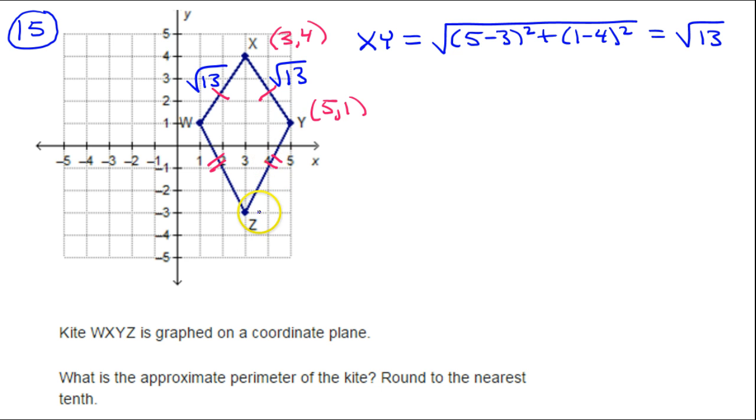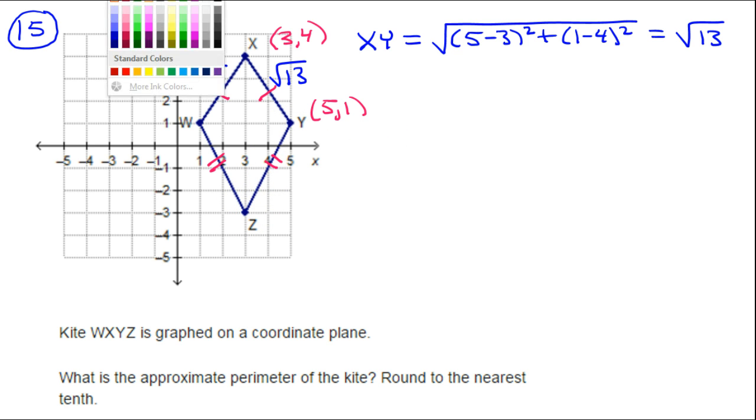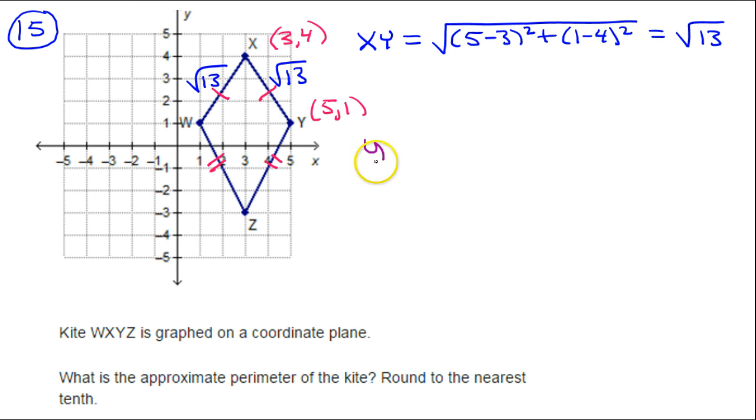Now, let's find the length of YZ down here. Alright, we already have point Y, so point Z is the point 3, negative 3.